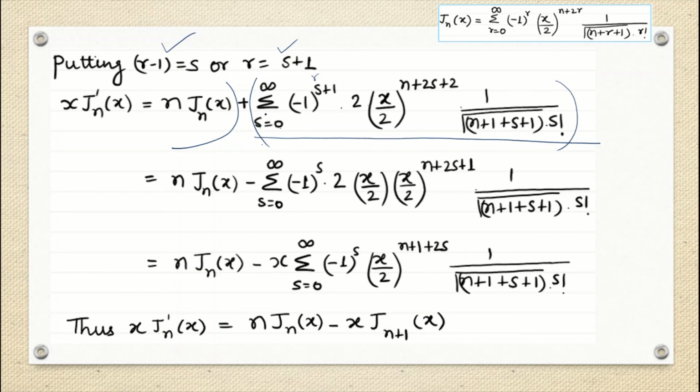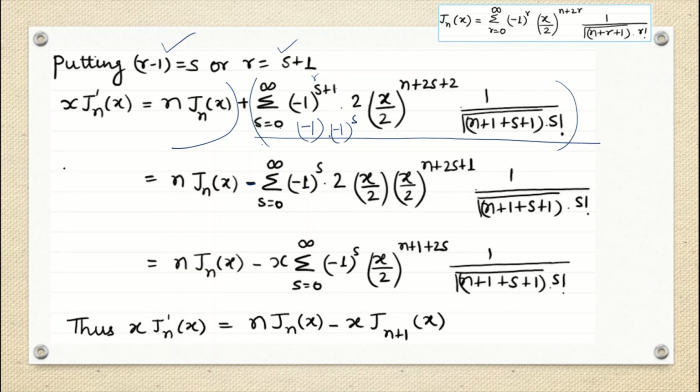Now what I'm going to do here, this is minus 1 to the power s plus 1, or I can write minus 1 into minus 1 to the power s. So minus 1 into minus 1 to the power s will give me minus, I'll take out. And why am I doing this arrangement? Because blindly I cannot do any arrangement, right?